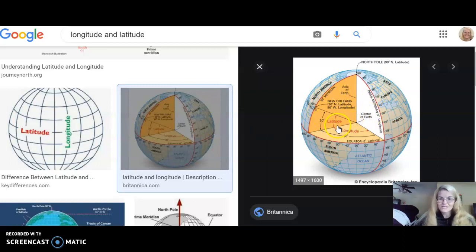Latitude is the angle from the center of the earth, from the equator. You can almost think of this as XY axes, but latitude is up and down the earth's surface, and longitude is left and right, depending on where you start. The prime meridian is 0 degrees longitude. The equator is 0 degrees latitude.